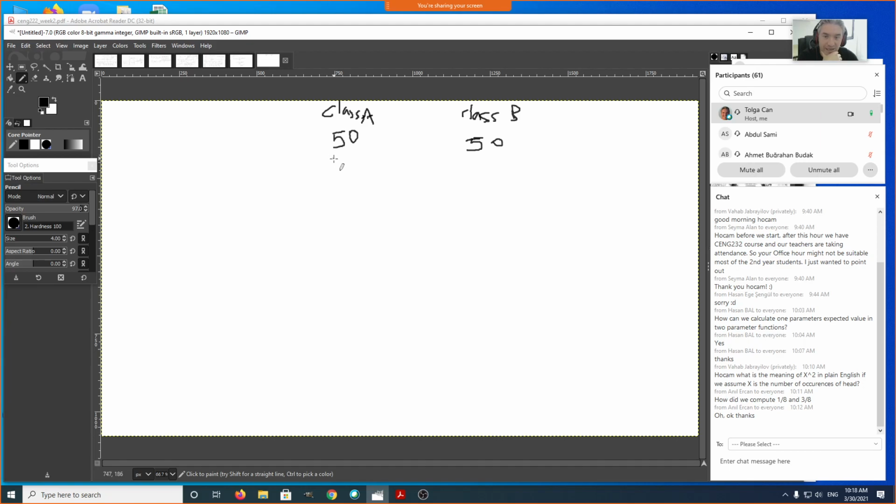But in class A, maybe most of the students took grades like 49, 50, 51, 49. It may be all the grades are between those values. If there are, for example, 12 students in both classes, and these are the grades the students take in class A, the average is going to be 50, and most of the grades are close to 50.